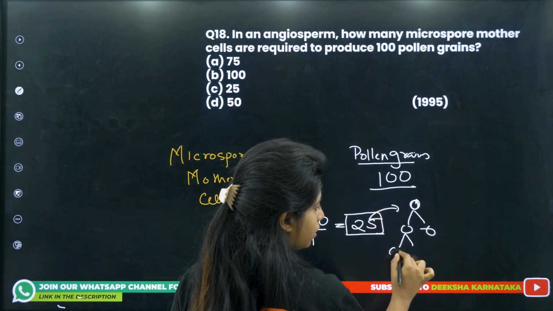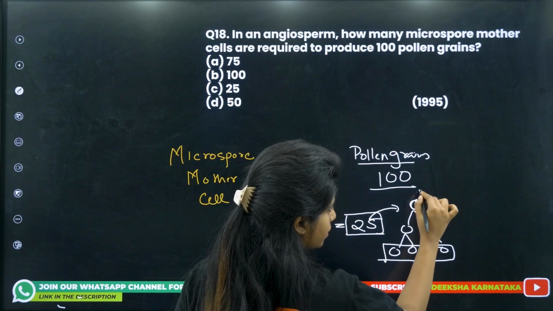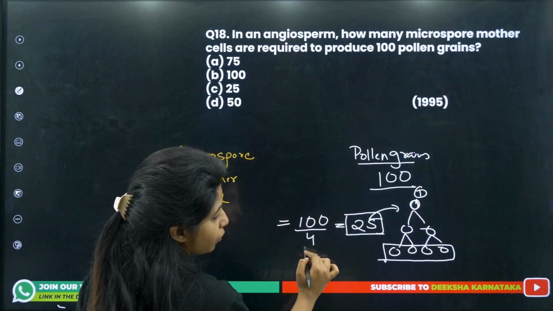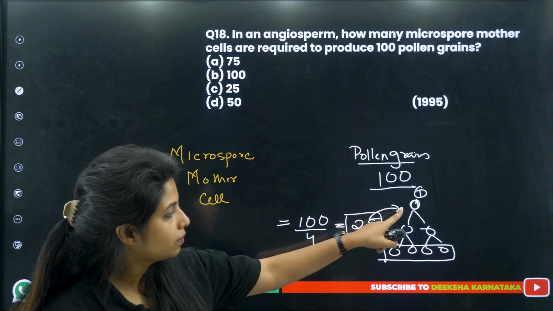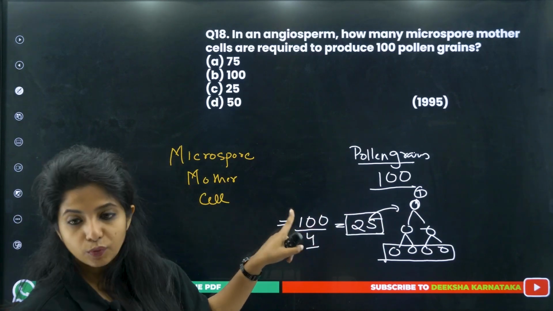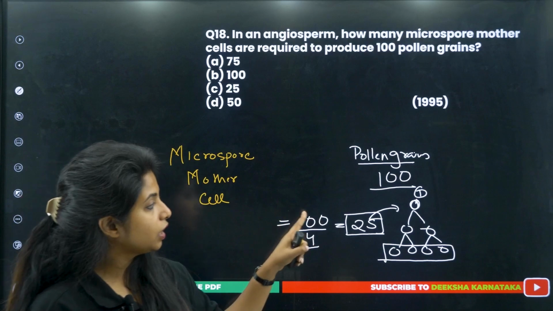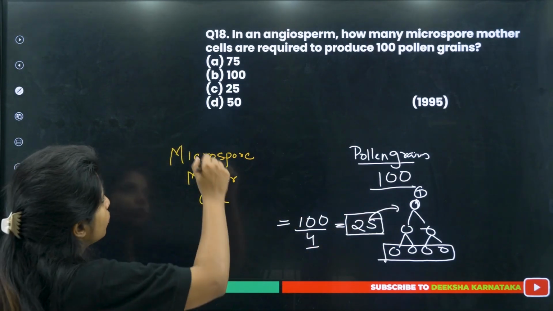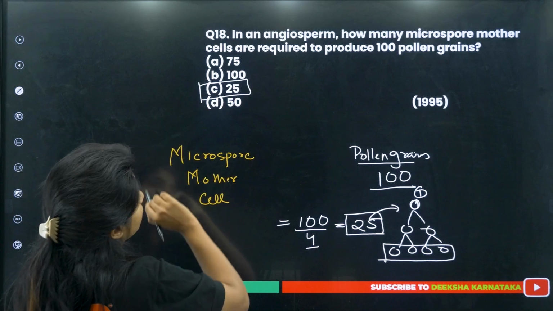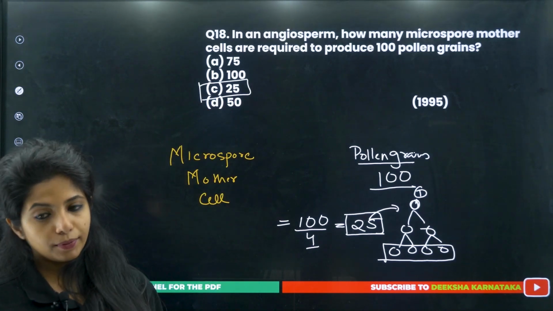Division, division, you have 4 cells from one cell, which is why I divided by 4. Okay, you get 4 pollen grains by one cell. So 100 divided by 4, if I want to clump them into 4 category, I get 25. So 25 mother cells will be there, children, over here. Okay, got it? I hope you got it.